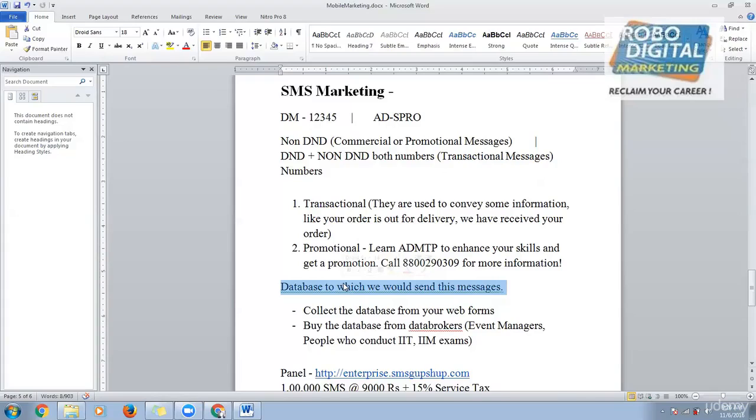There are various data vendors available, and you can send SMS to them, or you can contact event managers. You can contact people who conduct IIT, IIM or CBSE exams. They can give you a huge amount of data, and getting a database from them is always paid.